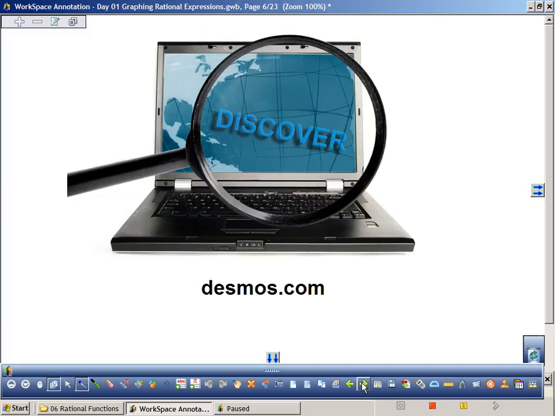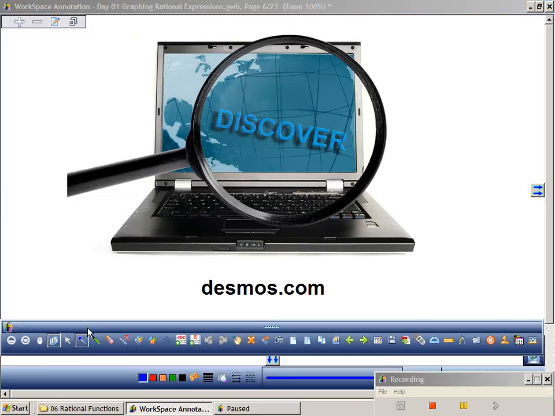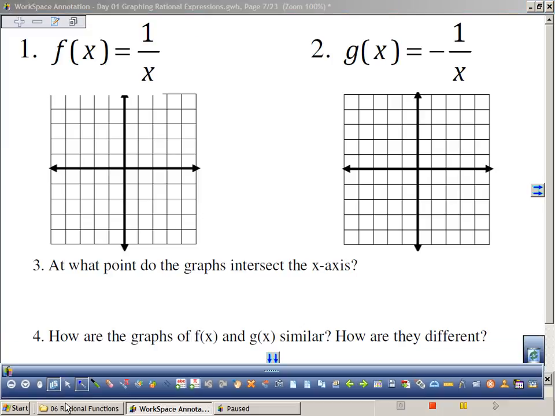Okay. All right, so we're going to do a discovery activity based on rational functions. Listen up, everybody. I want you to do 1 through 10 and graph them, but think about the transformations as you are graphing them. Don't just concentrate on graphing, but on what is occurring in the graph.